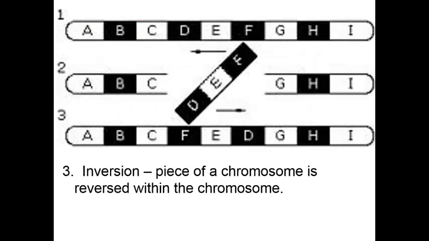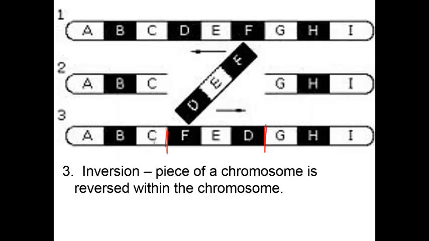Another type of chromosomal mutation affecting the structure is inversion. And with inversion, a piece of your chromosome just gets reversed. So here's the normal order, A, B, C, D, E, F, G, H, I, and a piece in the middle here is just getting twisted. So this section right here is not in alphabetical order anymore.